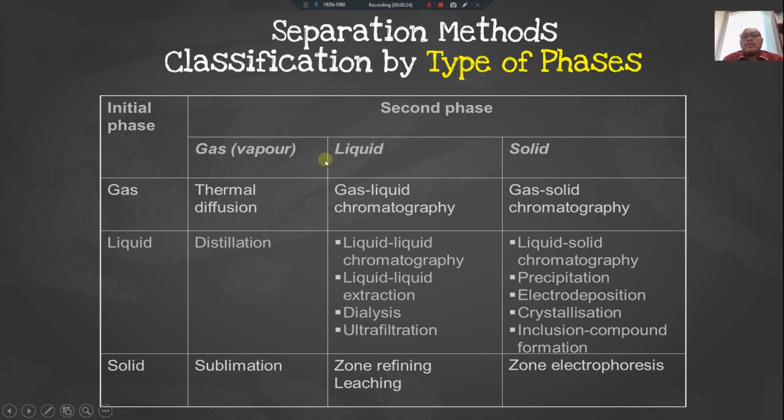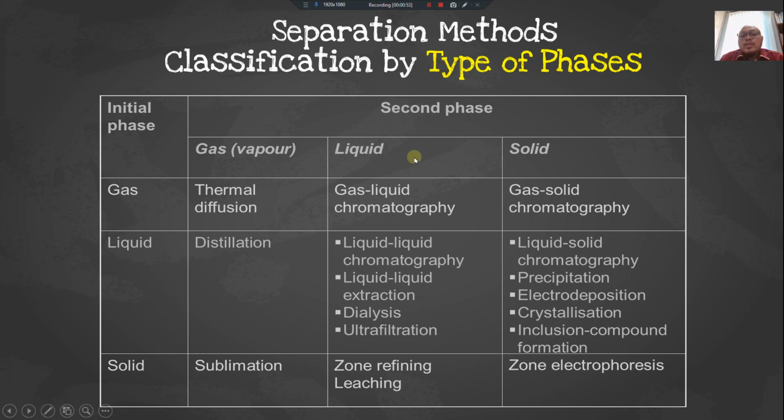Let's say one of the phases is a gas, and the second phase is a gas as well. We do thermal diffusion type of separation. Then let's say the first phase is gas and the second phase is liquid.